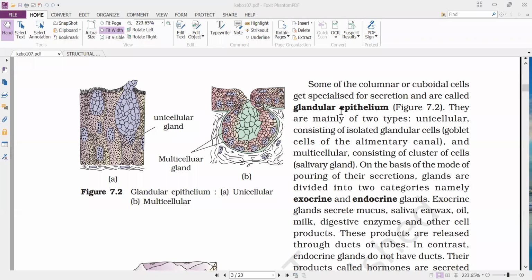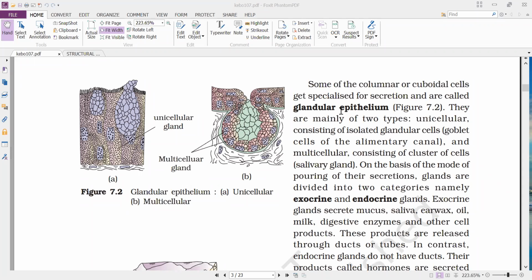And next, the simple columnar epithelium. The cells are tall and pillar-like. Usually they are present in structures which are involved in absorption and secretion, like the stomach and intestine.